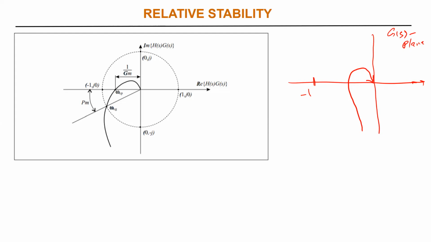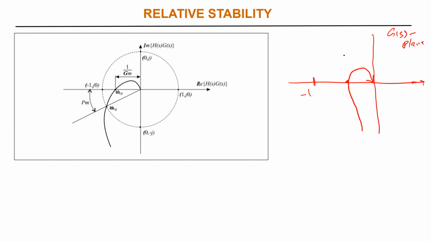What I'm saying is, the gain margin is how much I'll multiply my system to bring this point to the -1. Which factor will I multiply this point by to go to the minus 1? It is 1 over that.